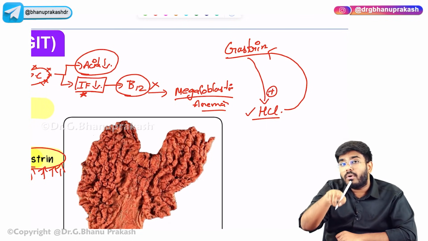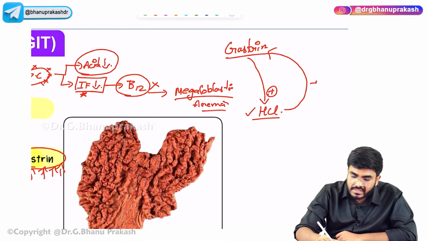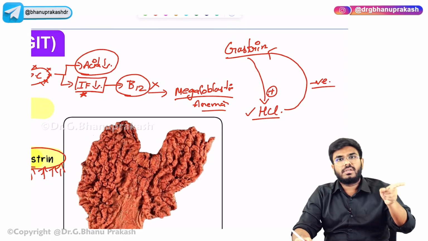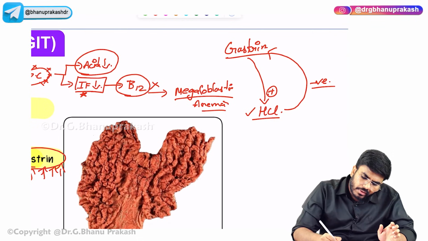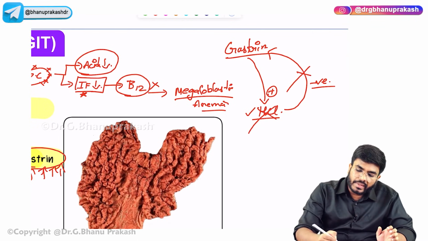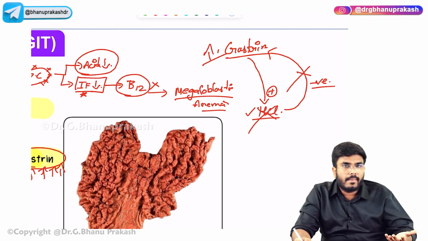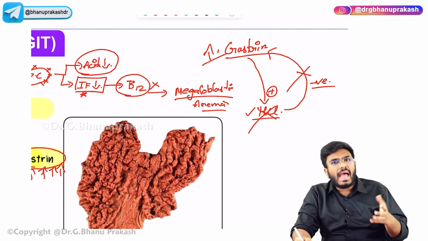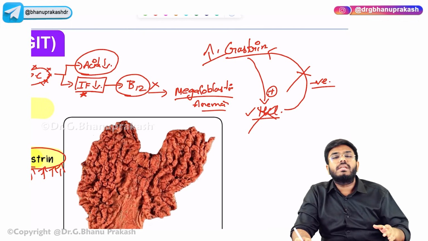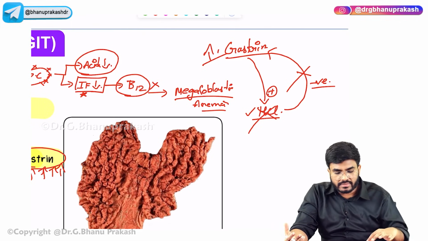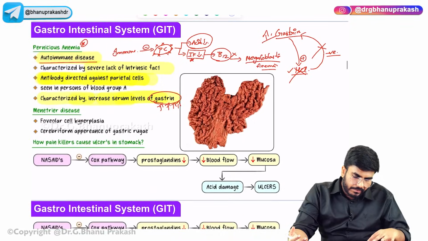When you have enough acid, it gives negative feedback to gastrin. Now in this condition acid is not there, so negative feedback is not there. So gastrin levels will be more. Your body is trying to produce acid by increasing the gastrin, but the parietal cells are not there, so gastrin levels will be high.